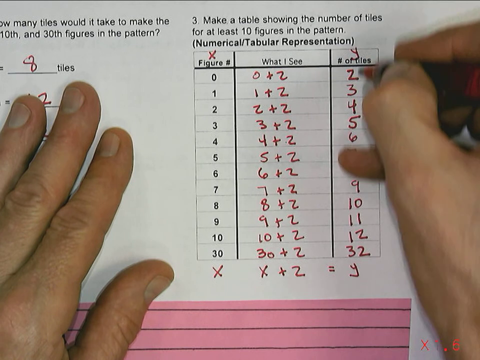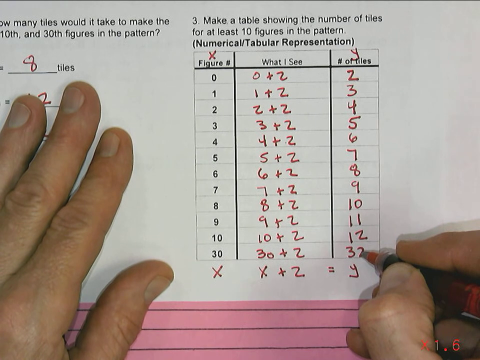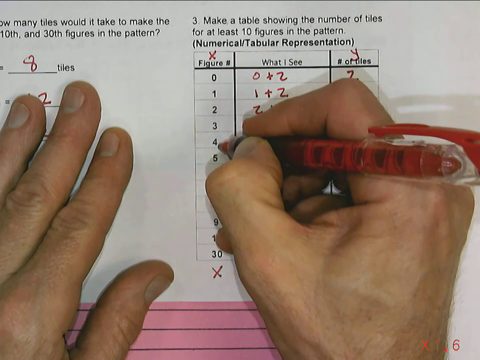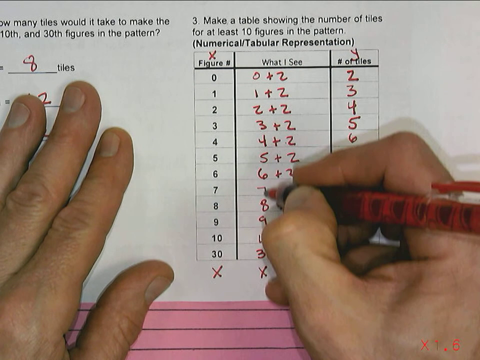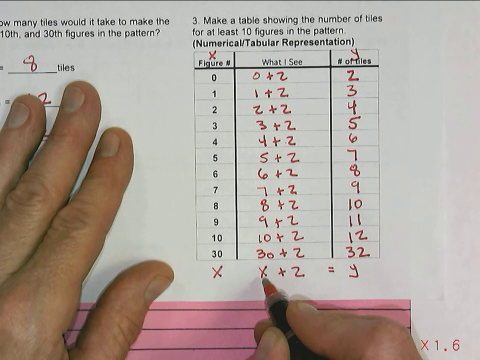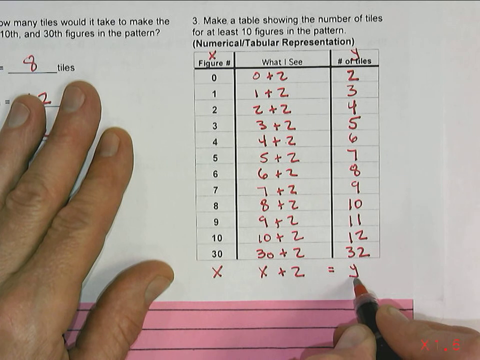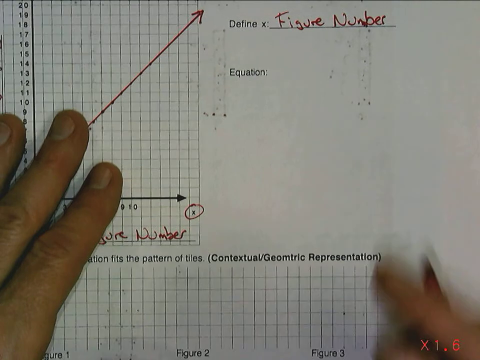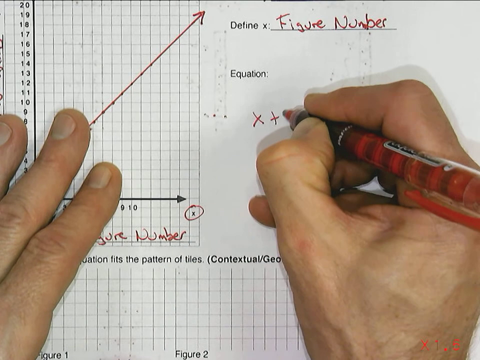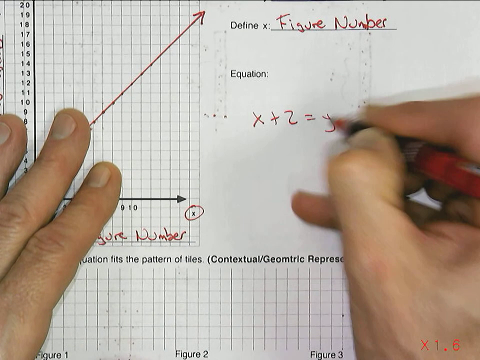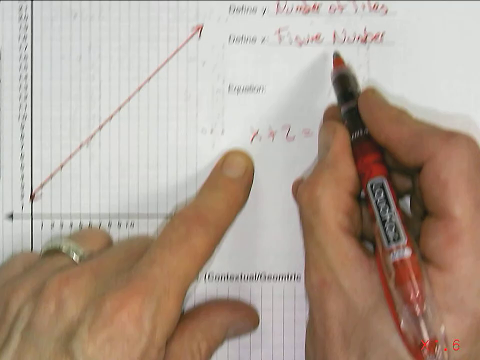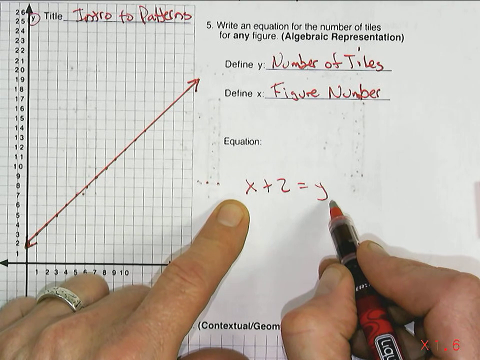Since this is y, and this actually is x, see all these x's here, 1, 2, 3, 4, 5, it's the same value, so whatever x is, plus 2 gives me the number of tiles for any figure. So that's my equation. x plus 2 equals y, where x is the figure number. That's what we defined it as, and y is the number of tiles.